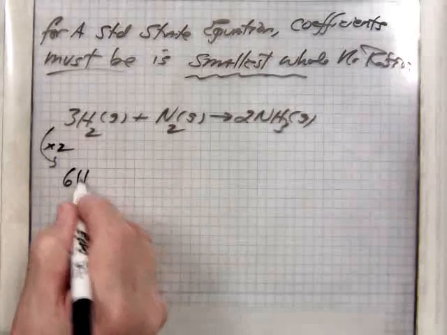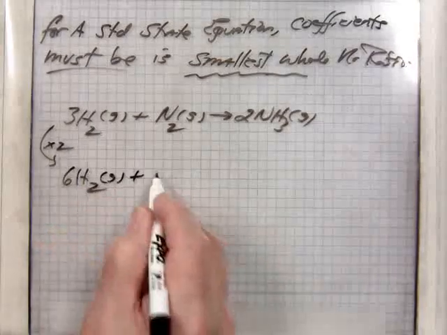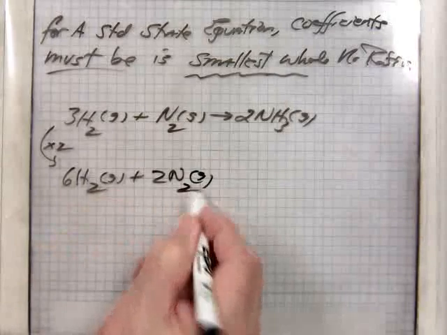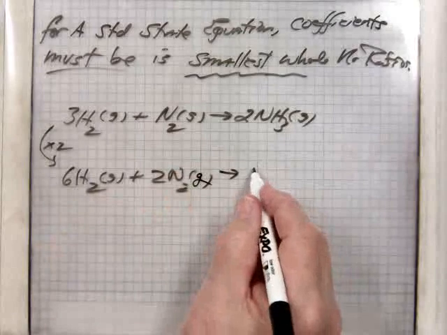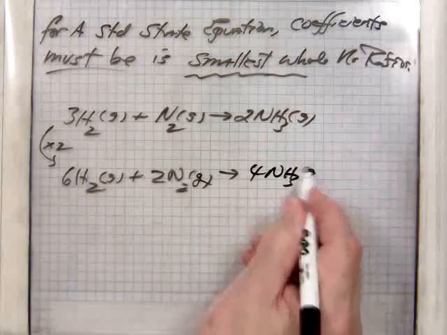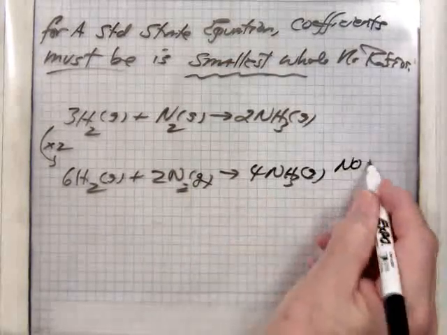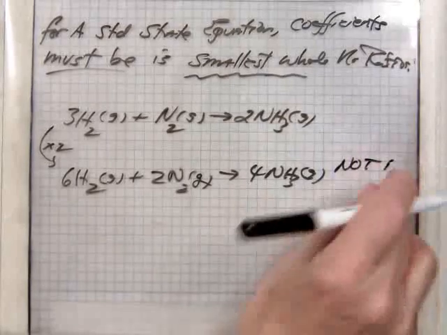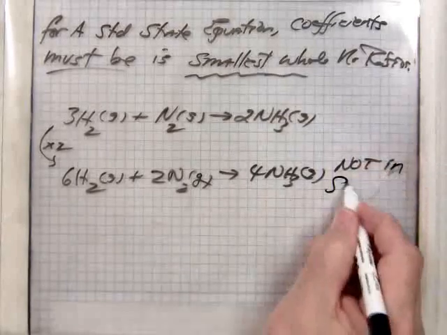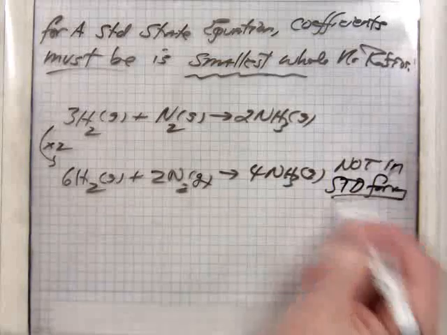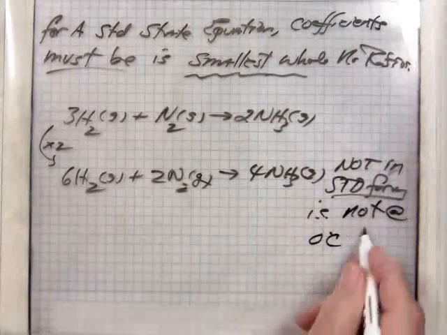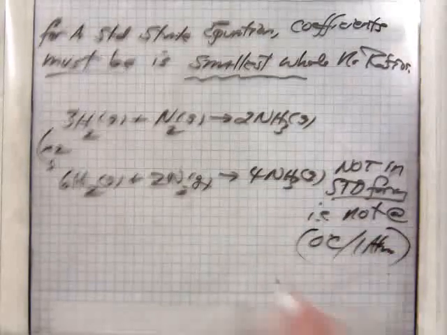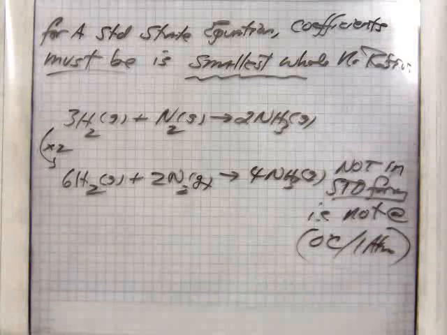I get 6H2 gas plus 2N2 gas goes to 4NH3 gas. However, this is not in standard form, i.e. not at 0 degrees Celsius and 1 atmosphere. You just can't say that. It might be, but it's not of the form that you can say that.